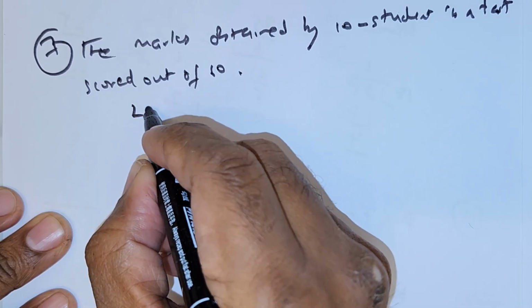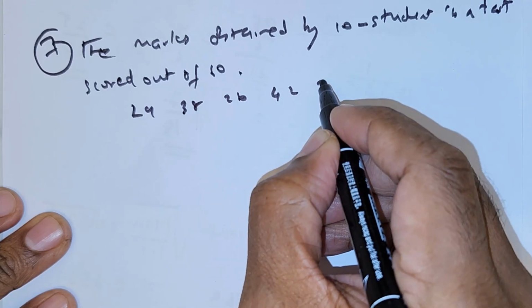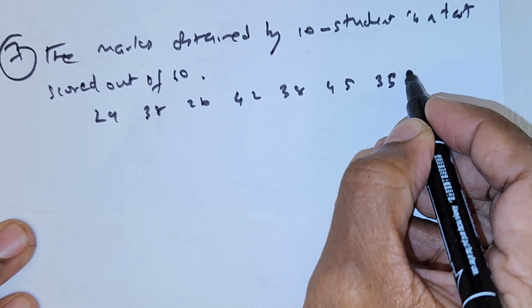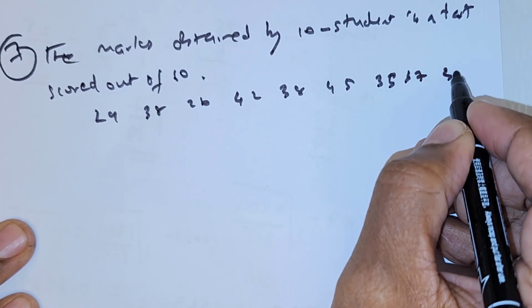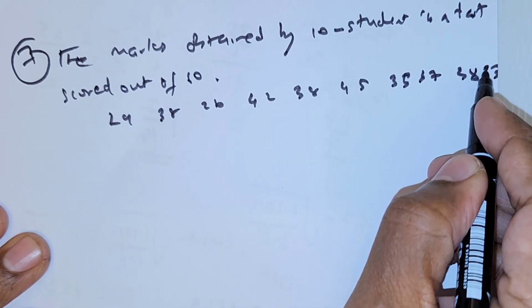So you have 29, 38, 26, 42, 38, 45, 35, 37, 38 and 31. Okay, this is 31.